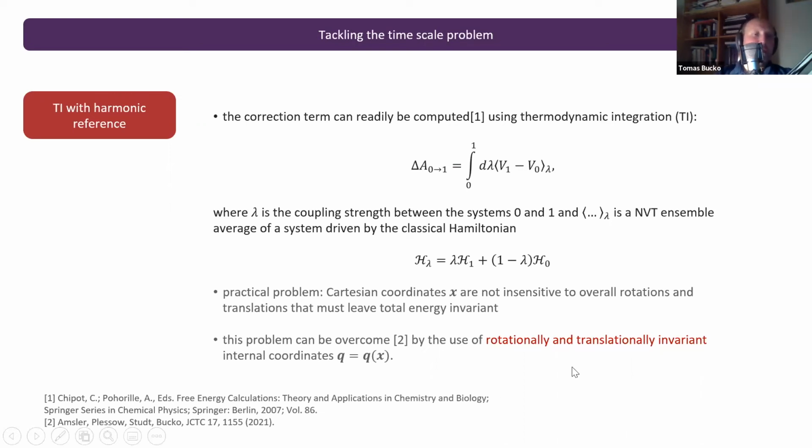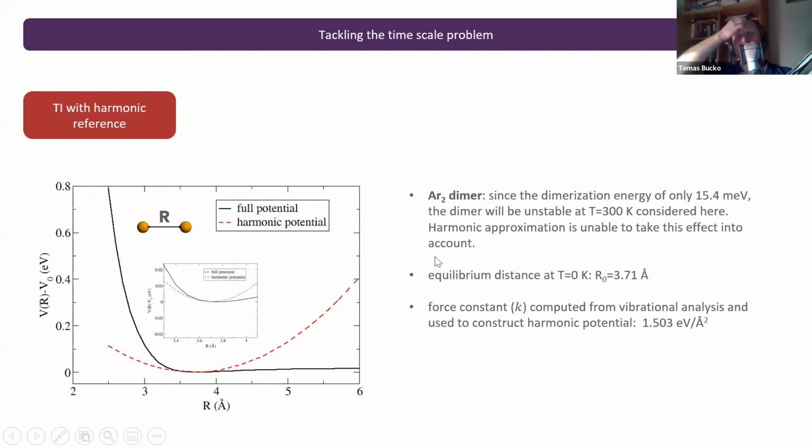Together with my colleagues from Karlsruhe, Felix Stutt, Philipp Lessow, and Jonas Amsler, we propose to formulate the problem in terms of rotationally and translationally invariant internal coordinates to overcome the issues that I mentioned earlier. So now we are able to make these kinds of simulations also for free molecules, for instance. This is a little demonstration. That's the argon dimer.